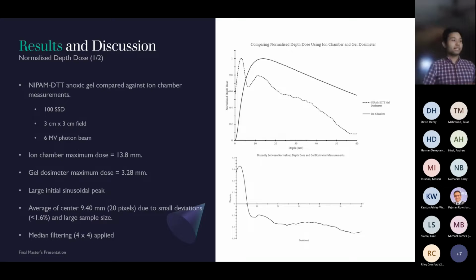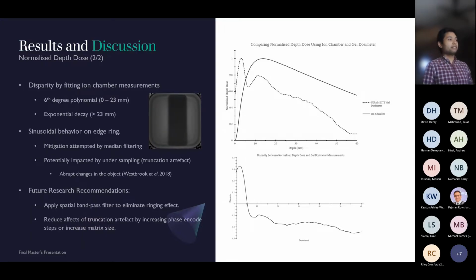The ion chamber reached a maximum dose at 13.8 millimeters, and the gel dosimeter reached a max dose at 3.28 millimeters. That was because there was a large initial sinusoidal peak. The PDD, or normalized depth dose, was taken at a large average at the center of 9.4 millimeters due to small deviations. And these results came after I applied some median filtering.